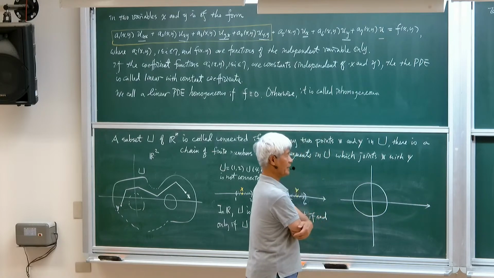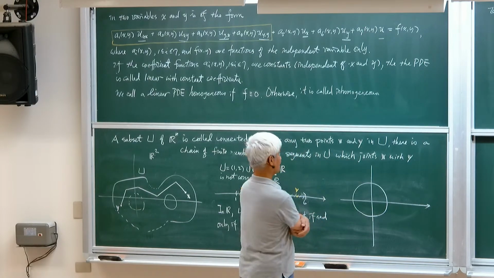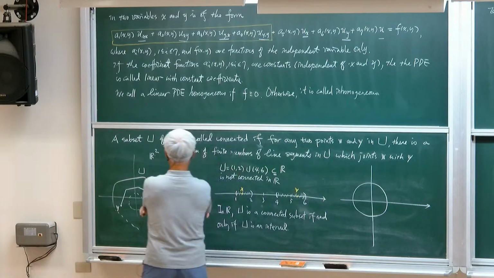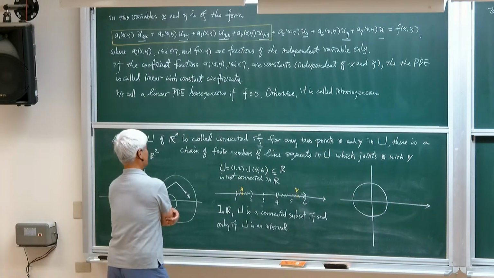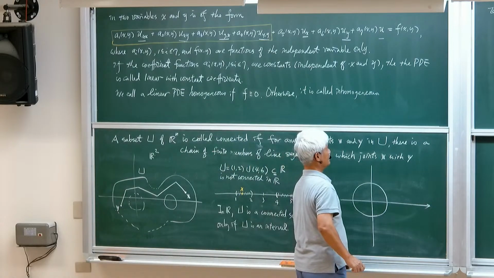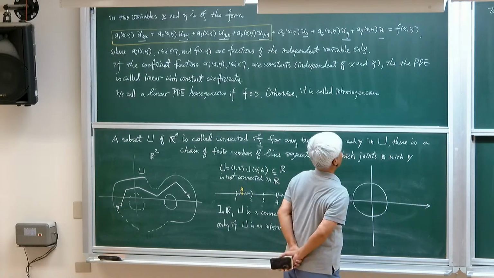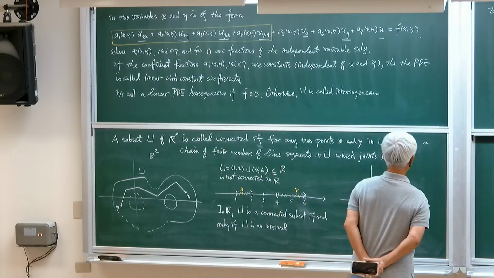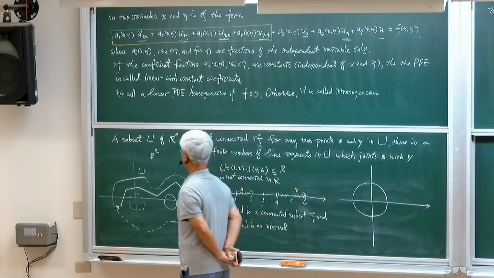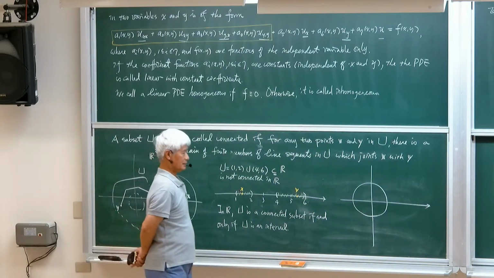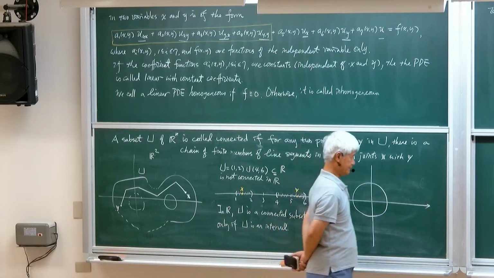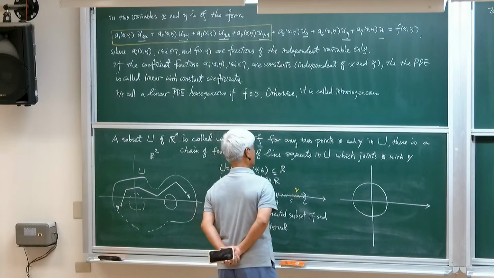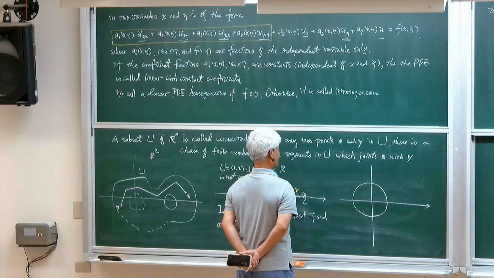But for an open connected set, this is true. So path connected is stronger: path connected implies connectedness.